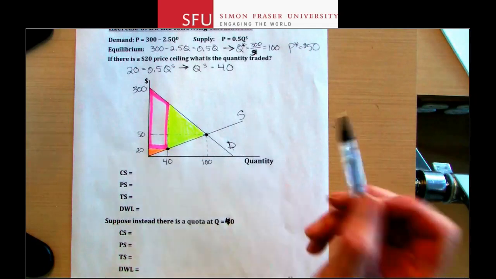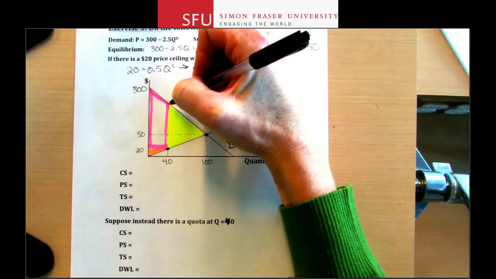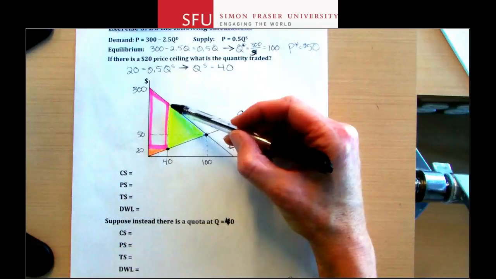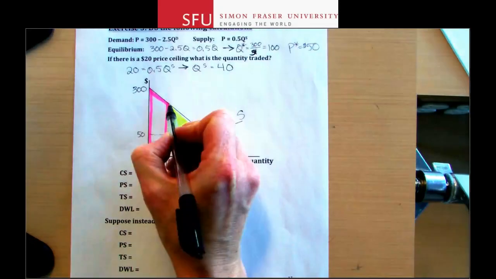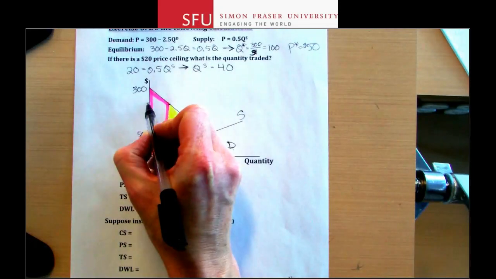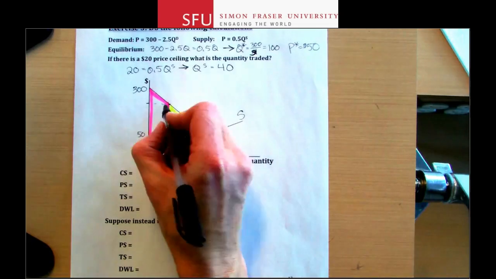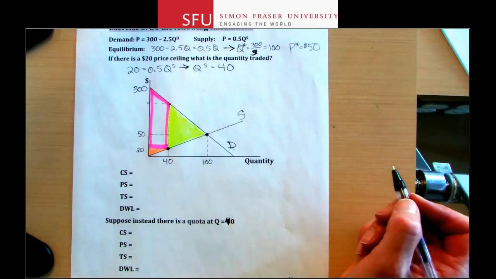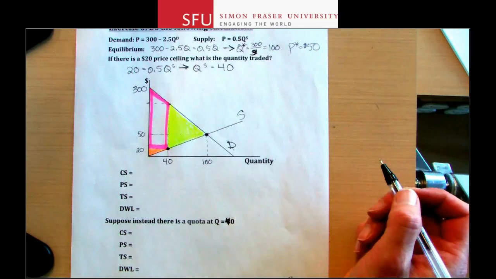Okay, so we just need to know this number here, which we would call the demand price at 40. So at 40, we need to know what is that right there. Okay, so just using the demand function, we put in the quantity of 40.